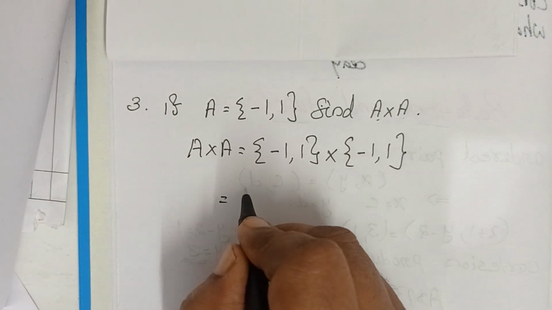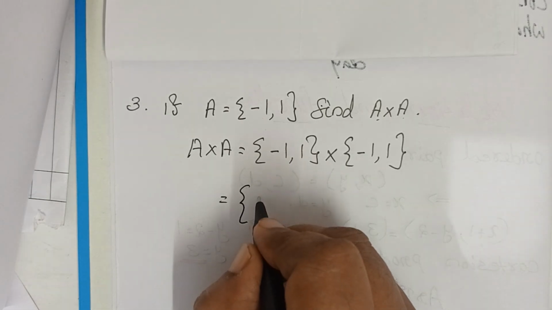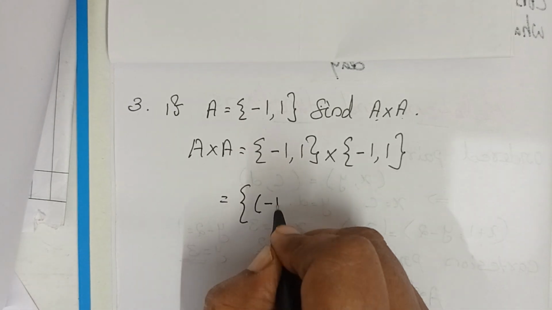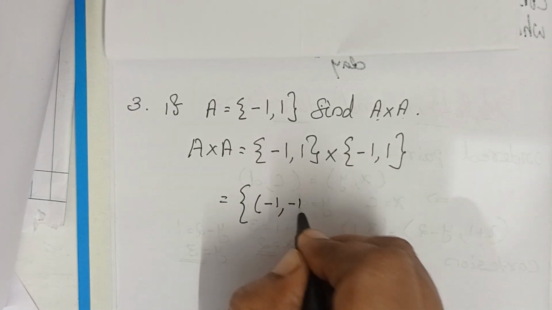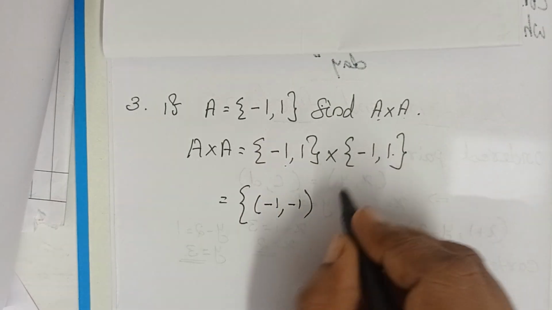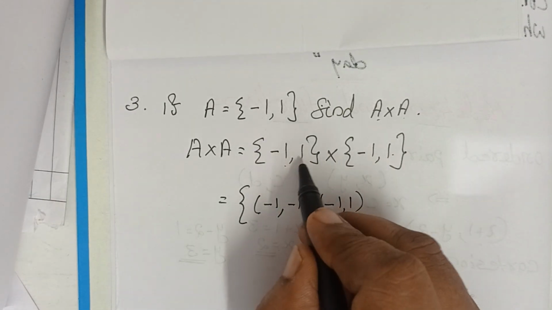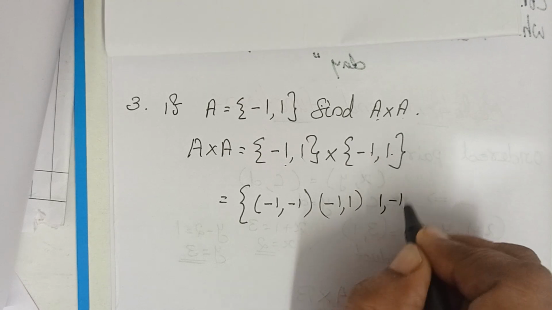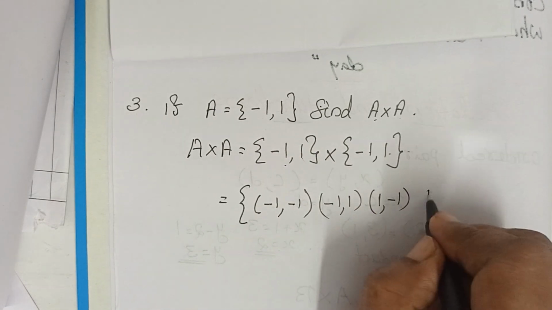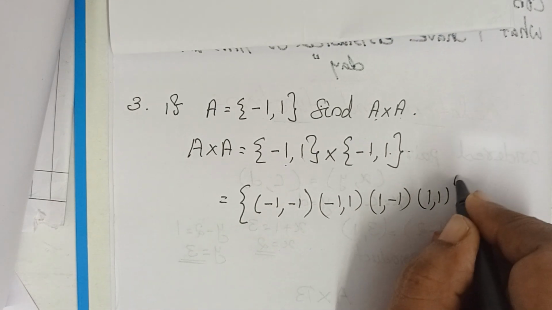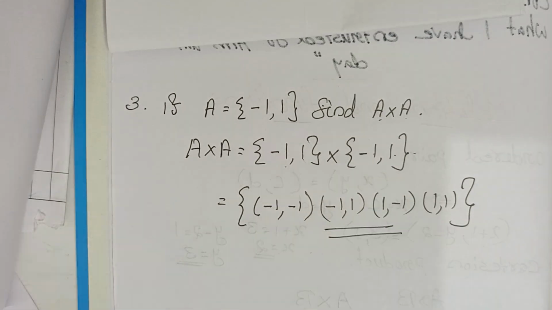Then how can you write A cross A? Yes, start. The set minus 1, minus 1, minus 1, 1. Isn't it? Then 1, minus 1 and 1, 1. This is A cross A.